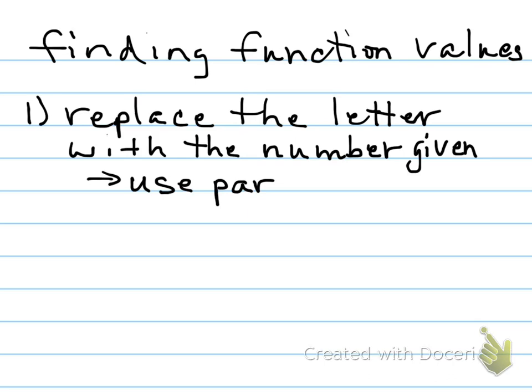You need to make sure that the operations stay true, and if it means to multiply, then the parentheses means to multiply. So you have to continue to do that. Second step is simply to simplify. Now simplify is a math word that is just a big broad term. It simply means do the math.